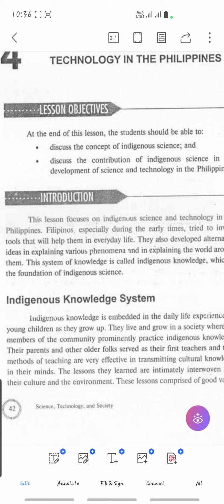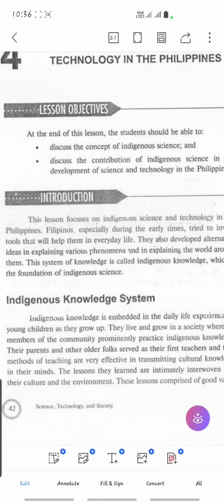So basically, when we say IKS, it is based on your traditional knowledge. This traditional knowledge is related to your community or culture. Meaning, IKS is the traditional knowledge of each culture or community. It is also a respect for the earth.